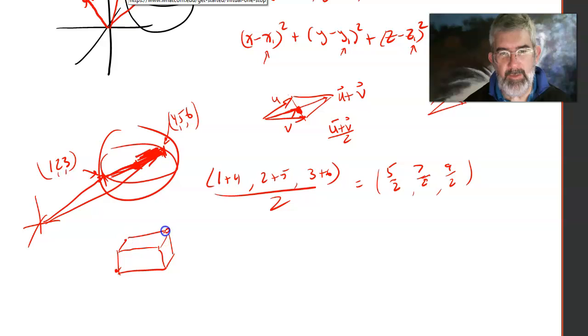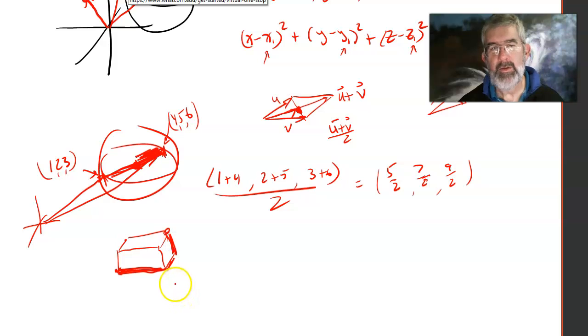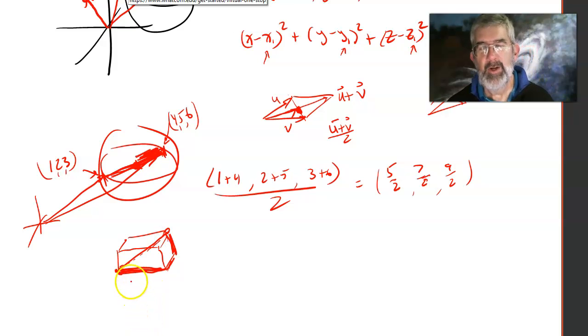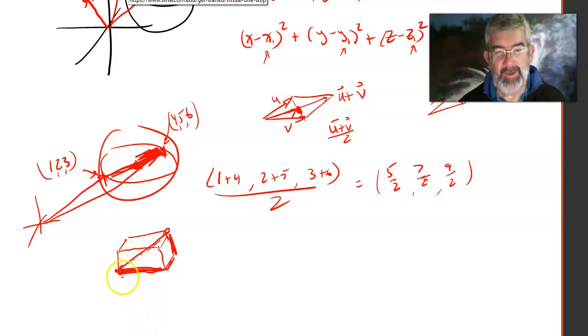We have two points in space. We can look at the difference in the x coordinates, the difference in the y coordinates, and the difference in the z coordinates, and then I want that diagonal from one all the way across to the other. Well, that's just this length squared plus that length squared plus this length squared.